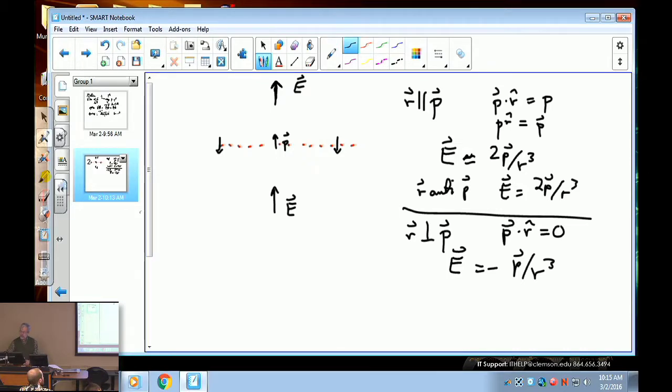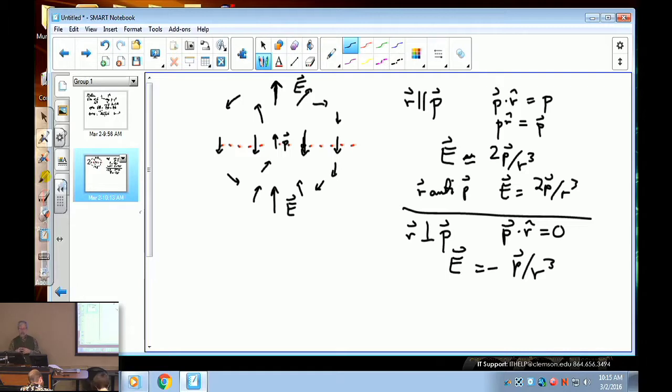And if you fill out the rest of the field, of course, what you see is you get this characteristic field for a dipole. It looks like this. It's strong and negative like this. And we're looking at the far field solution.